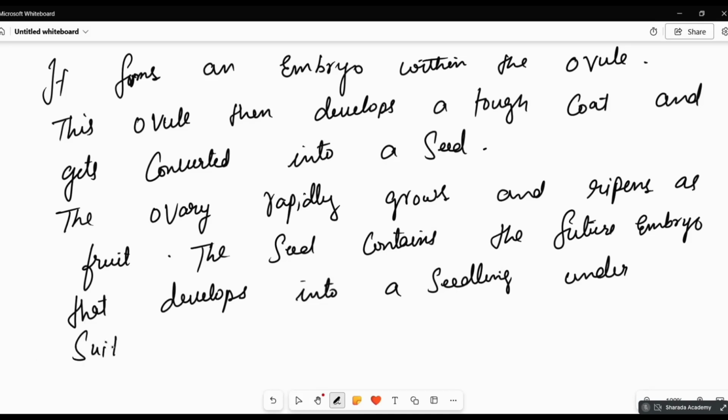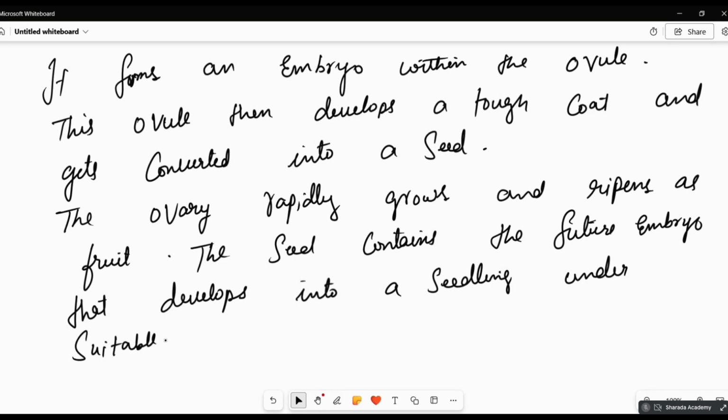So, what does the seed mainly contain? It contains the genetic information about the plant, and also the proteins, which help the plant to sustain until it can produce its own food.